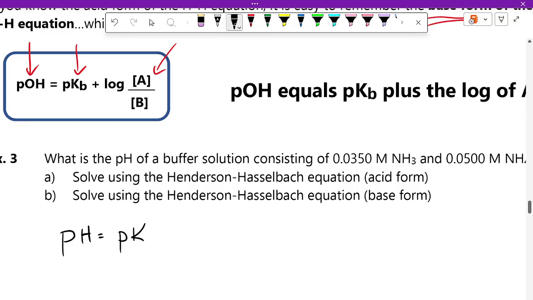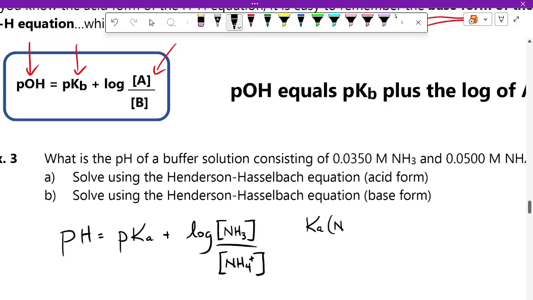NH3. Don't try and find a Ka for NH3. NH3 is a base.